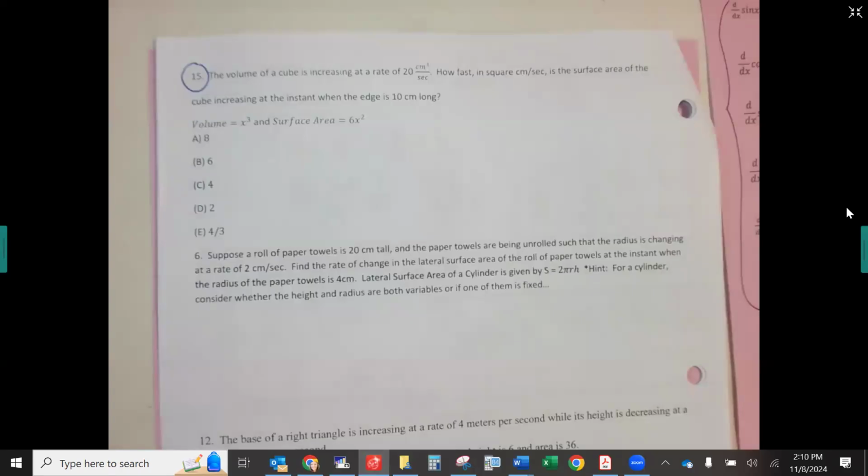That'd be 3, so what's that x? 3 times 10 squared. Actually, now we'll do this 3 times 10 squared.